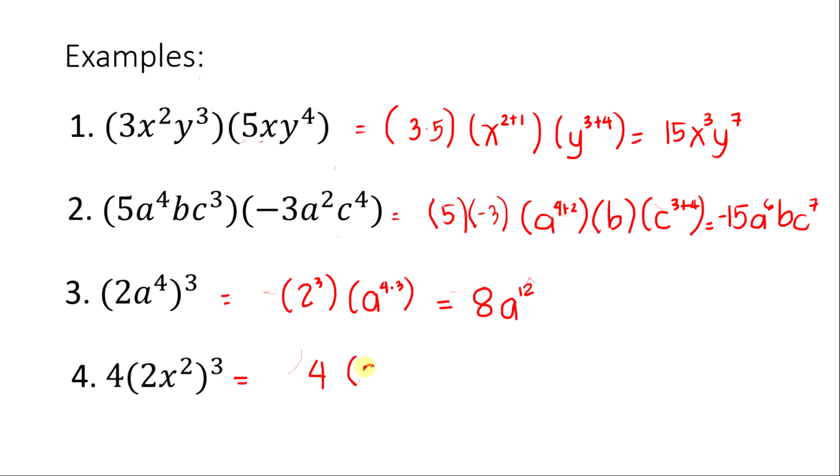So, yung nasa loob, we have 2 to the 3rd power, and then yung x will now have 2 times 3. So, ang mangyayari, we have 4 times 8 times x raised to the 6th power. So, we have 32 x to the 6th power.